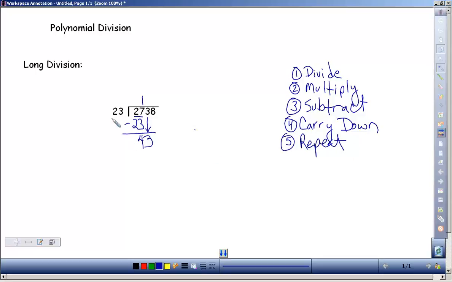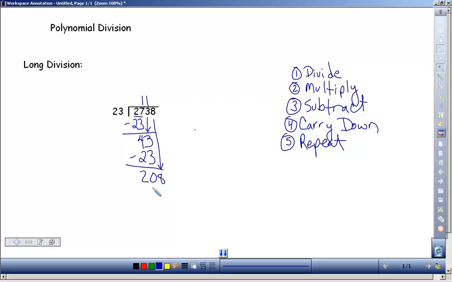Rinse and repeat. So 23 will go into 43 just one time, and 1 times 23 is 23. Now I'm going to subtract. Notice I'm just repeating these steps over. 43 minus 23 leaves me with 20, and then I carry down that 8. So 208.